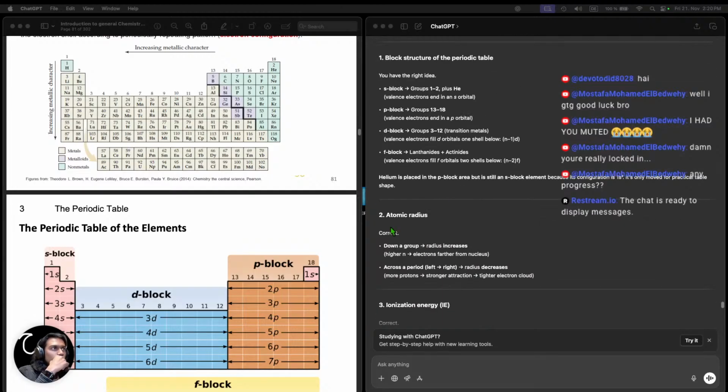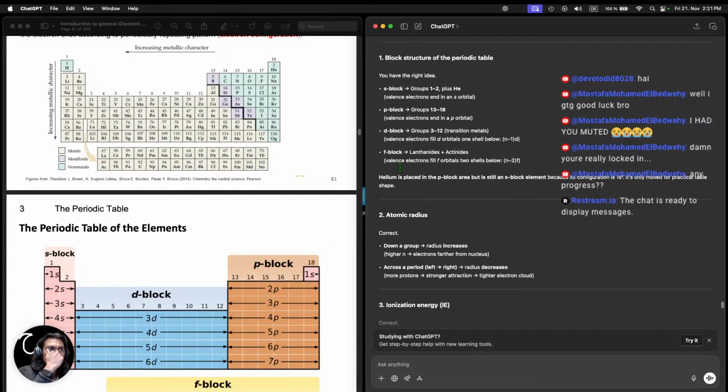Helium is placed in P block. This is really good information because I was not aware. In the case of s orbital and p orbital, it's exactly the period number.